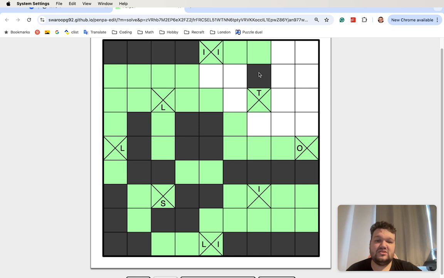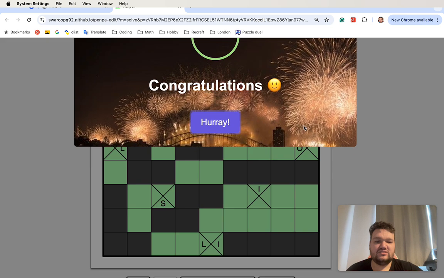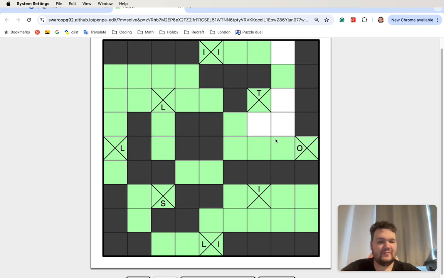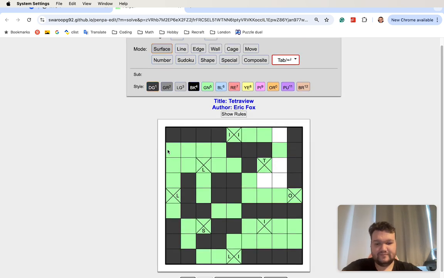And T must be here. And if I continue it to the right, then this potential I that must be vertical will touch the T, which is bad. So this one is unshaded, so the T is here, and the I must be here. That was nice.